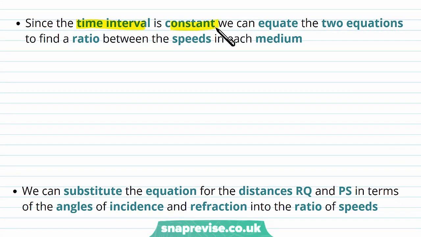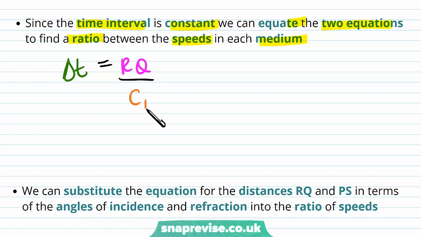Since the time interval is constant, we can equate the two equations to find a ratio between the speeds in each medium. So we can rearrange each equation to make delta t the subject. We've got delta t is equal to RQ divided by C1, and we also have delta t is equal to PS divided by C2. And we can equate these two equations.